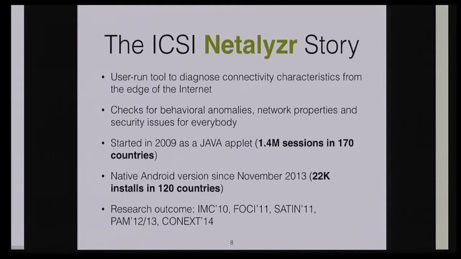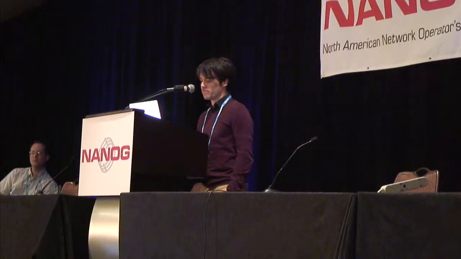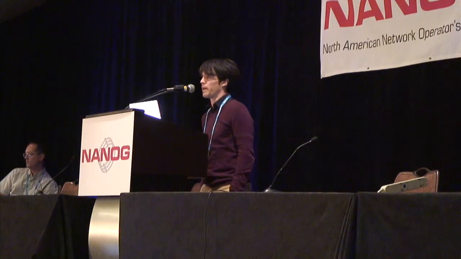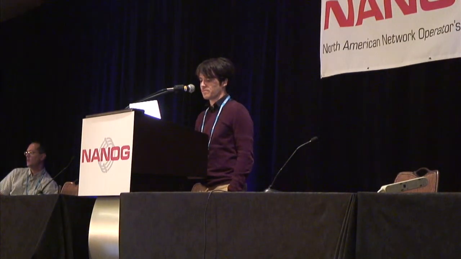So we decided to port this tool as a native Android application, and it was actually released in Google Play and Amazon App Store in October 2013. In the case of the mobile app, we have already around 22,000 installs with quite optimistic reviews. And we have access already to 400 mobile operators in more than 120 countries.